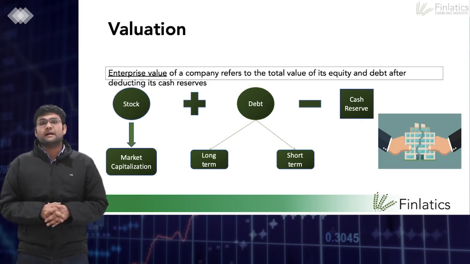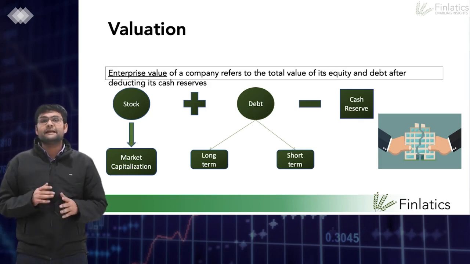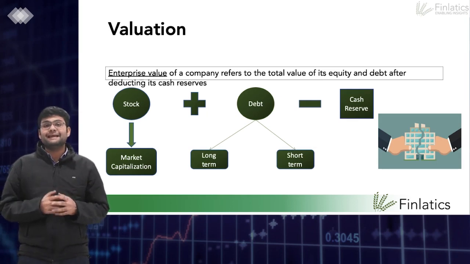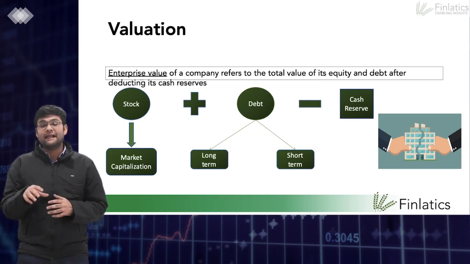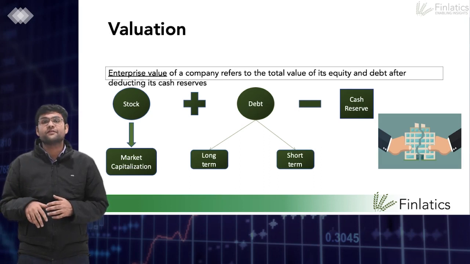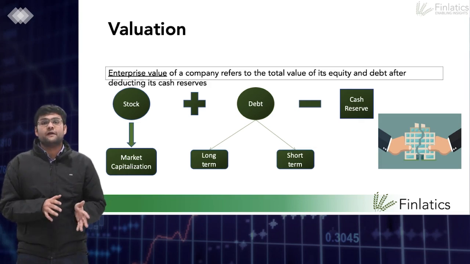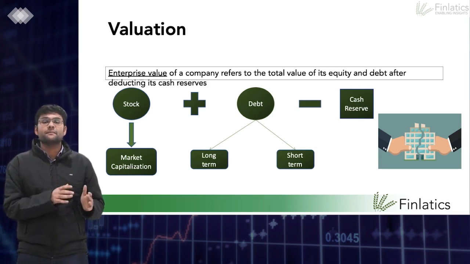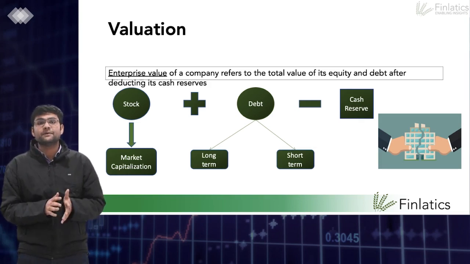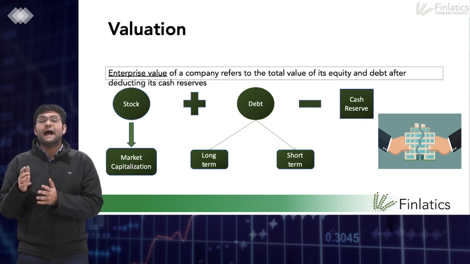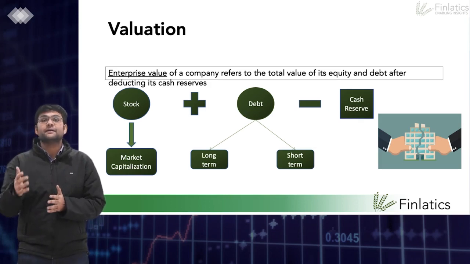To repay company B's outstanding debt amount, company A can take help from the cash reserves of company B. This is the primary reason why the cash reserves are deducted from the sum of equity and debt to arrive at the company's enterprise value.